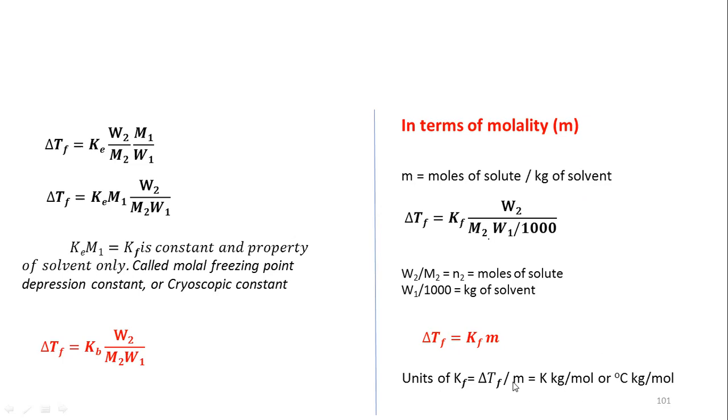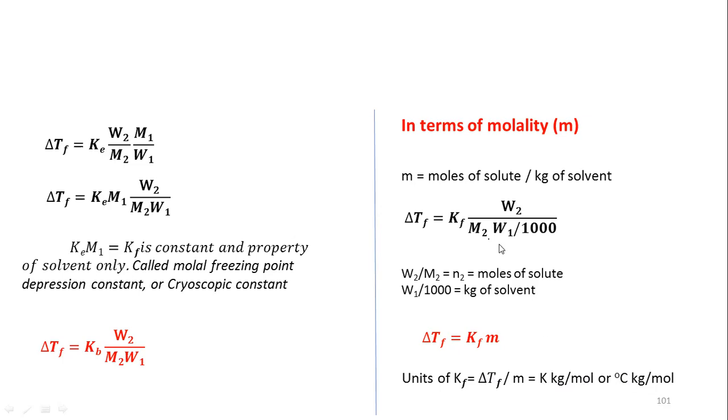So this is temperature over molality, so the units will become reversed. So the final units are K kilogram per mole or centigrade kilogram per mole.